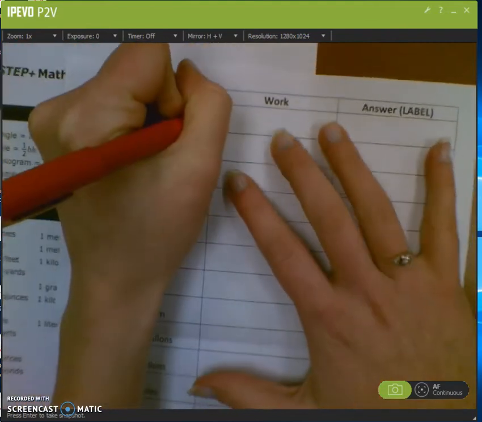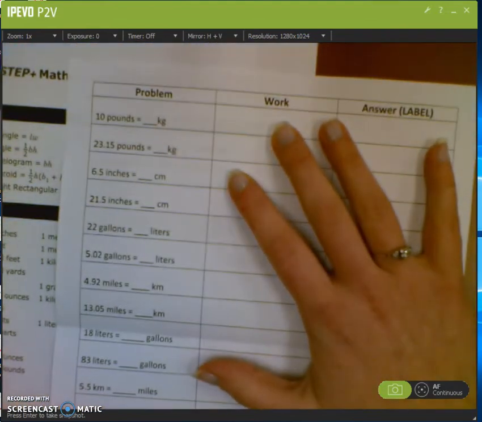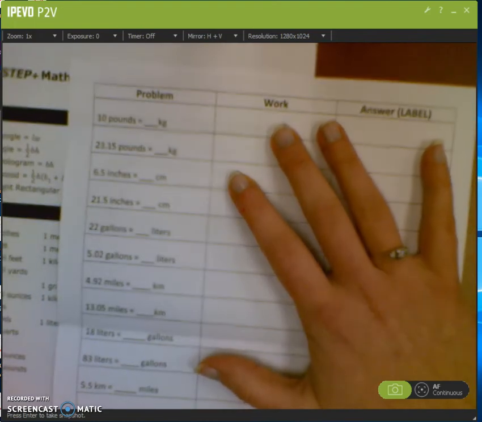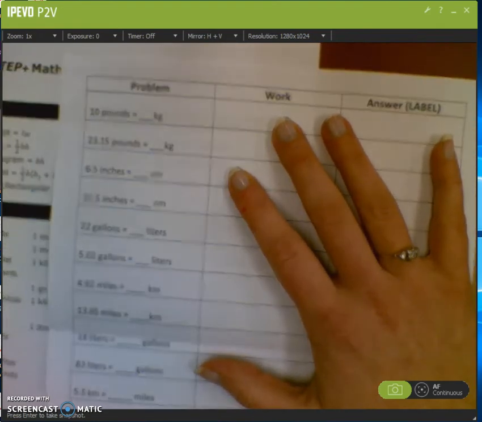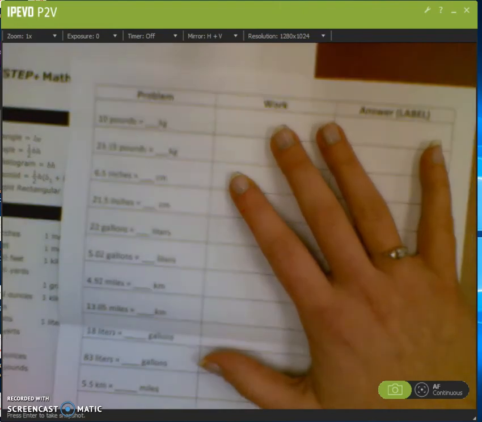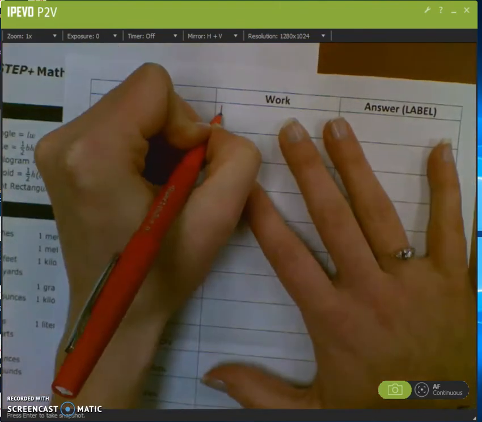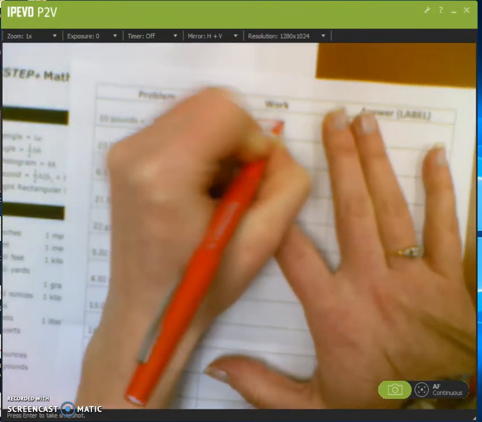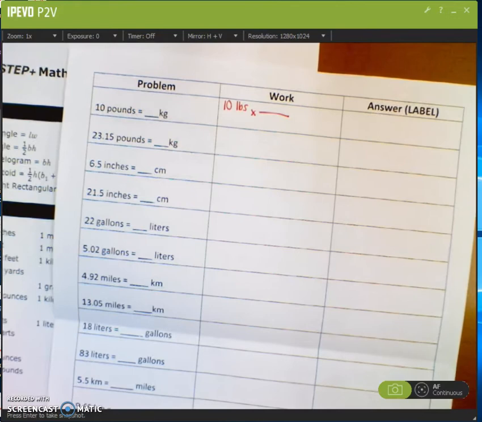I do these problems a little differently than most, but I think that when you get into double conversions later on in math, this way will help you set things up and see why things work the way they work. So 10 pounds, and I'm going to multiply that by what we call a conversion factor.